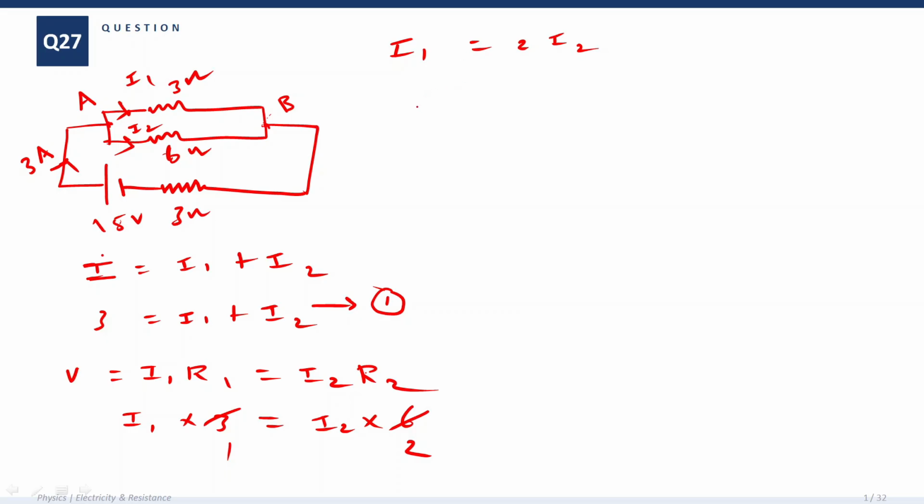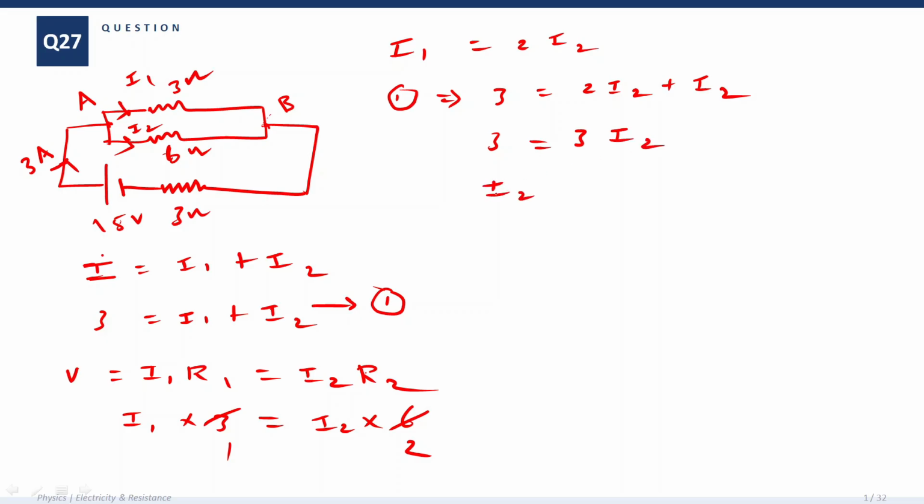Then I will use equation 1. From equation 1 we will write 3 equal to, in place of I1 I will write 2 I2 plus I2. Then finally we have 3 equal to 3 I2.